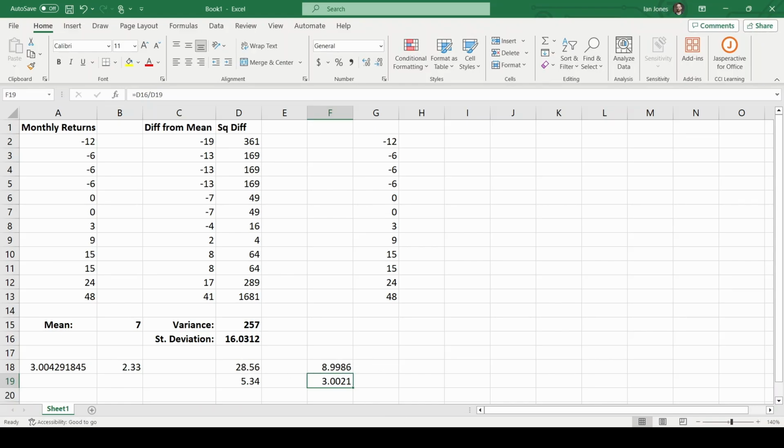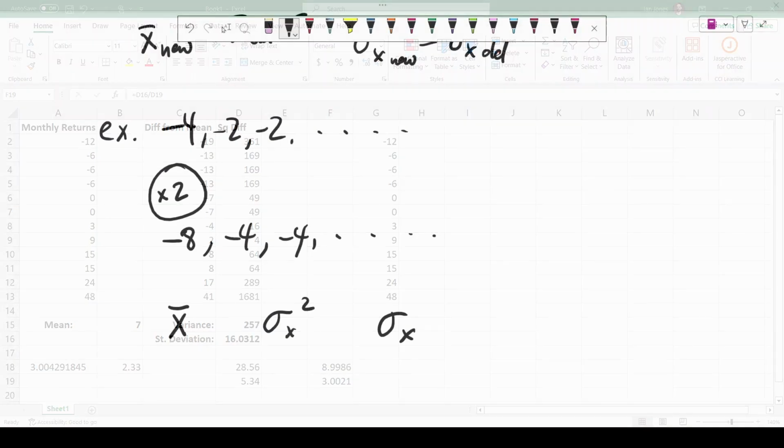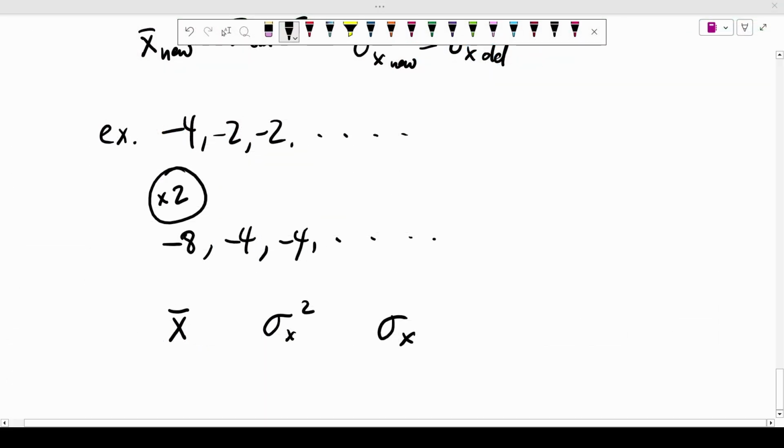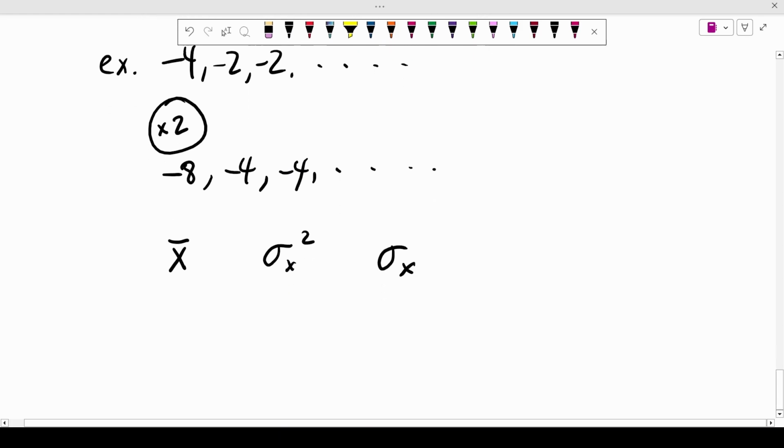Okay, so if we come back over to OneNote, what have we got as a summary? Well, if you double the values, then you're going to double your mean. You're going to double your standard deviation, and you're going to quadruple, or 2 squared, your variance.